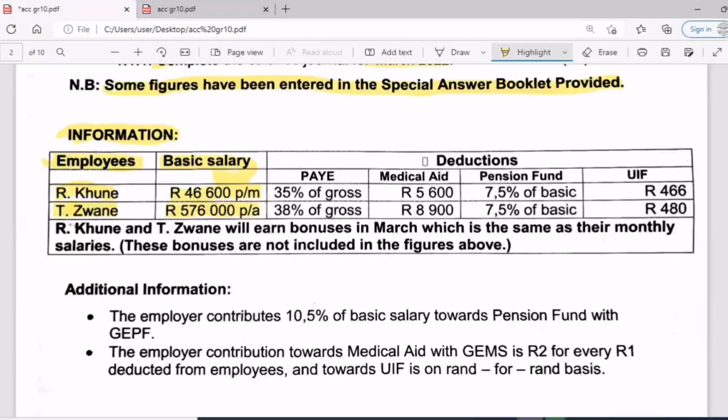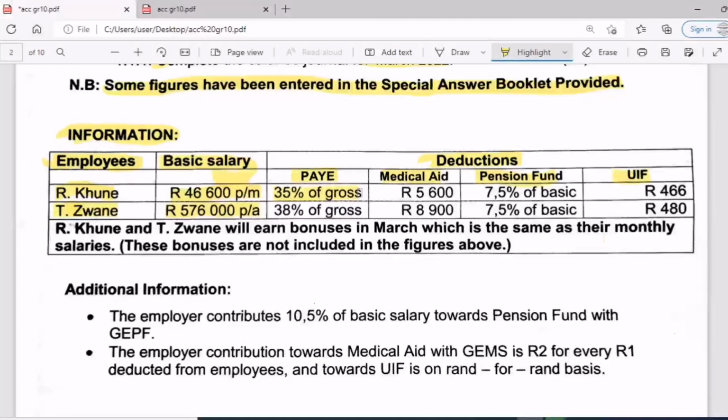And then here we are given the deductions. We've got 4 deductions here: the pay as you earn, the medical aid deduction, the pension fund deduction, and the UIF deduction. The pay as you earn for Kune is calculated at a rate of 35% of his gross salary. This 35% is not calculated on the basic salary, and not on the net salary, but on the gross salary.